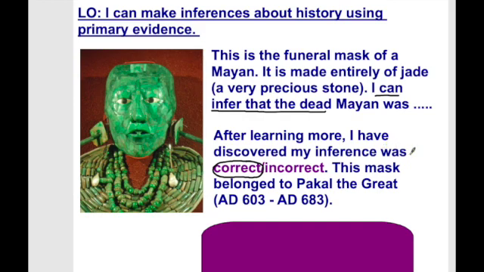This mask belonged to Pakal the Great, and then you're going to write AD 603 to AD 683. So I'm going to look forward to seeing what you have written, whether your inference was right or whether it was incorrect. Now, remember, it doesn't actually matter, because sometimes we have an idea that doesn't turn out to be the case. The most important thing is that you've thought about it.